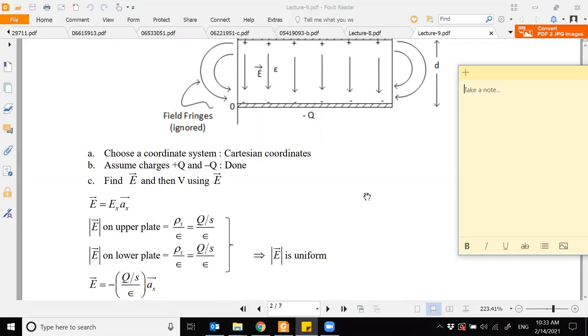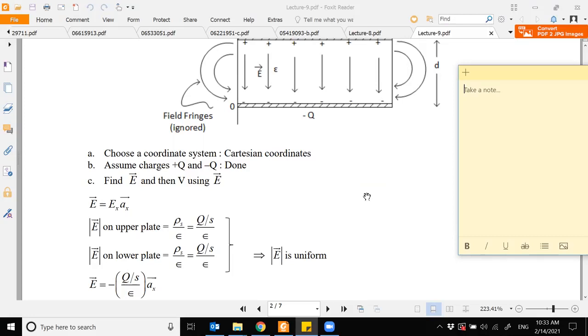Yes, that is for a single plate, but here we have two plates. So it will be rho S over 2 epsilon plus rho S over 2 epsilon, so it will be rho S over epsilon.